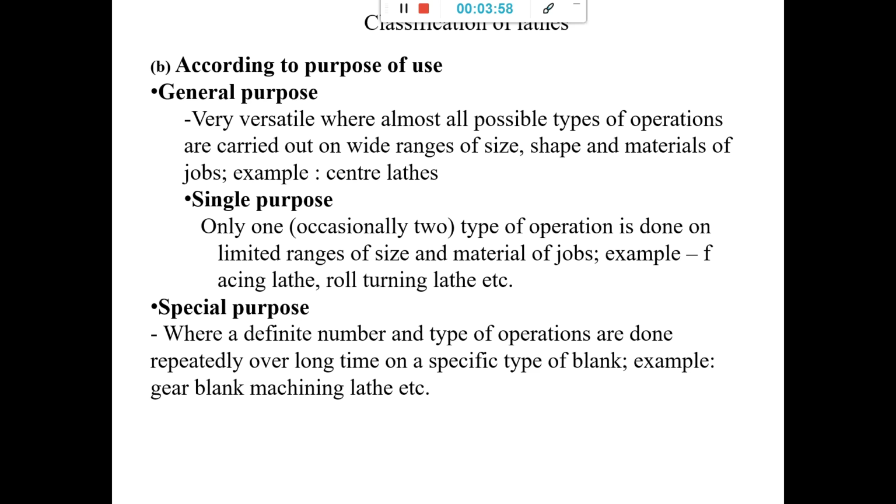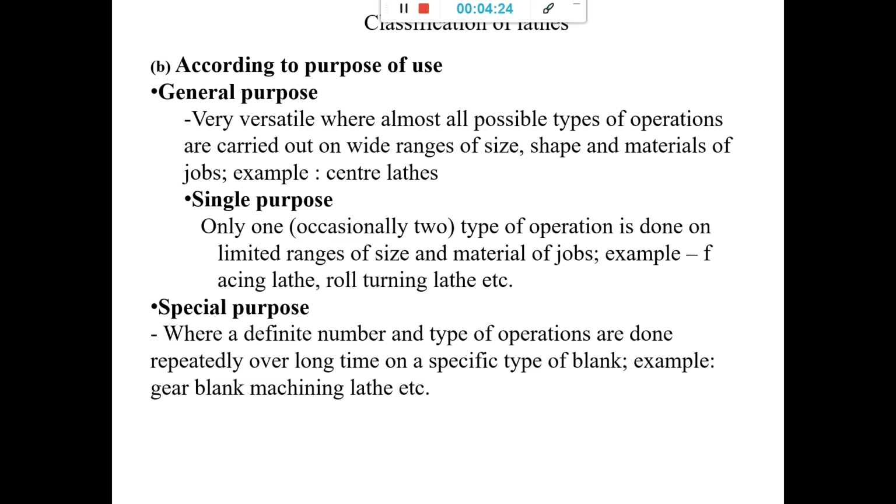For example, the central lathe is a general purpose lathe. Again, in a general purpose lathe, all possible types of operation are carried out on a wide range of size, shape and materials of the job.